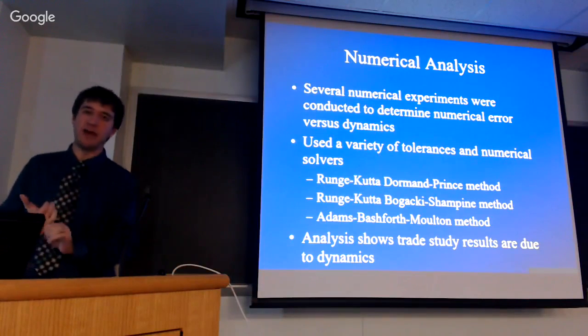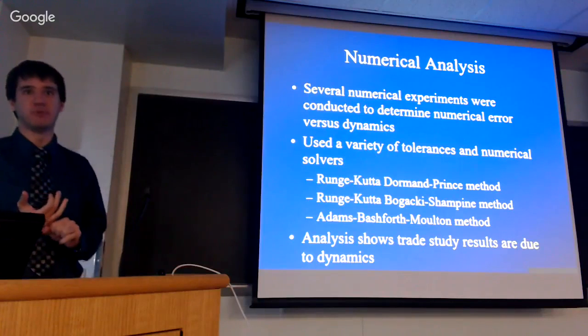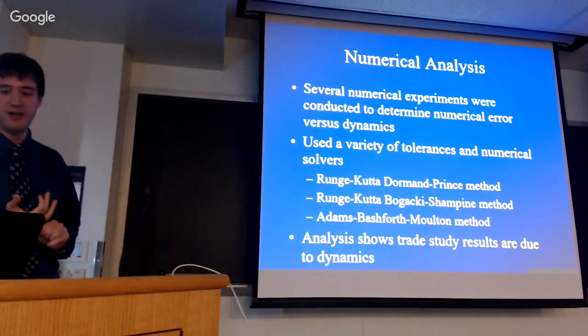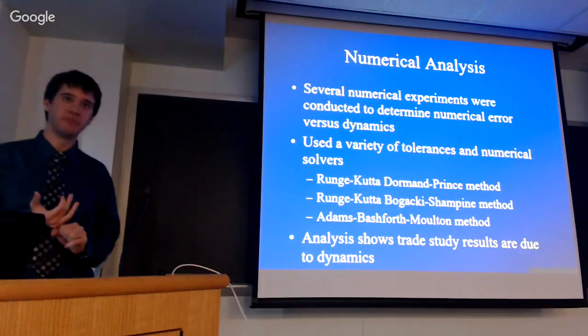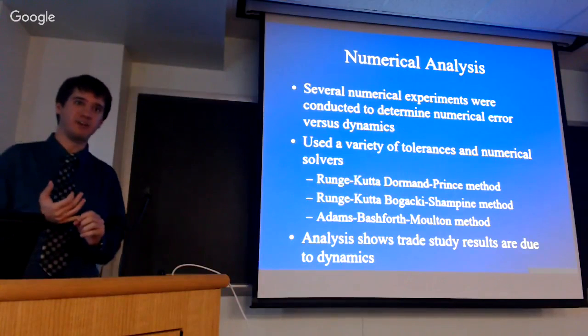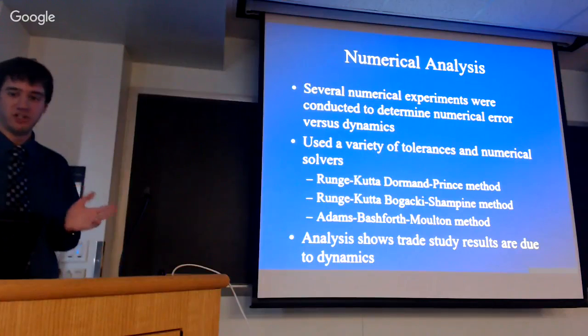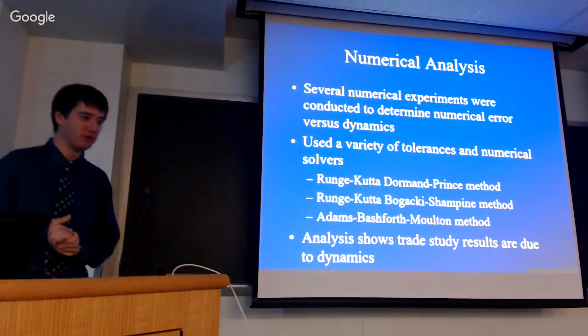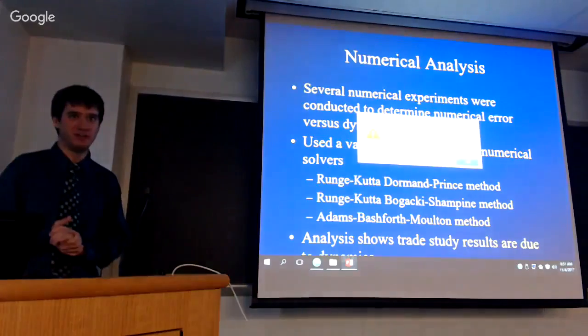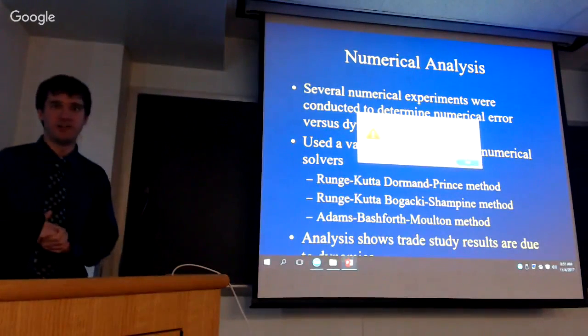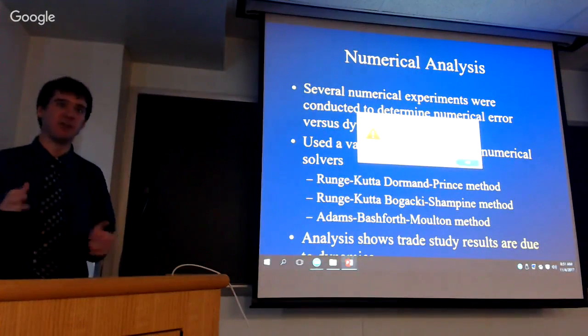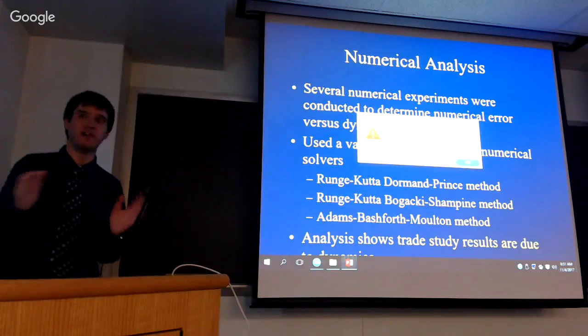So the Adams-Bashforth method actually didn't perform as well as the other 2. It started having wildly crazy results, probably around the order of 10 to the minus 4, whereas the others were more around 10 to the minus 2, where you started seeing a lot of variation.